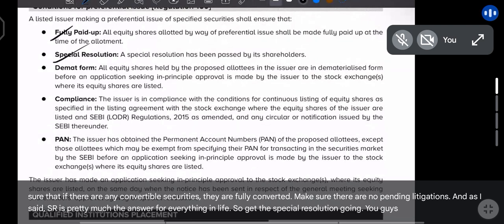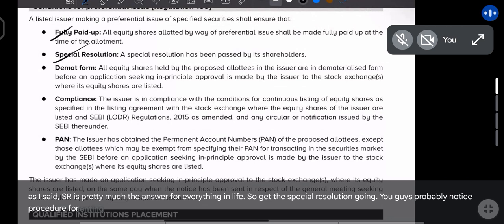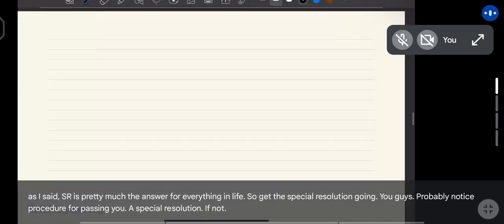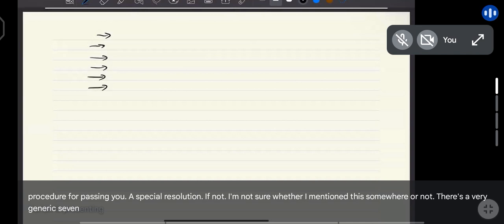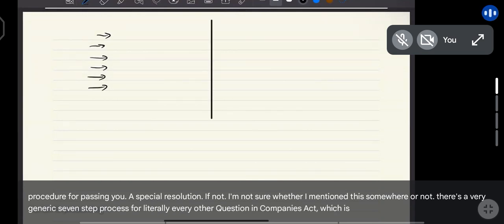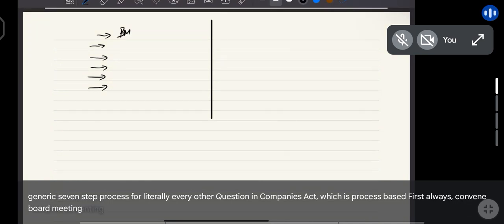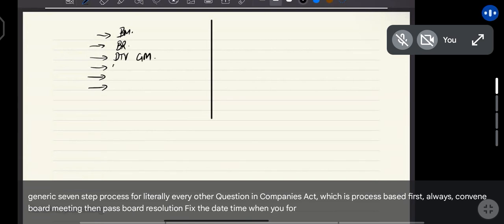You guys probably know the procedure for passing a special resolution. If not, I'm not sure whether I mentioned this somewhere or not. There's a very generic 7-step process for literally every other question in Companies Act, which is process-based. First, always convene board meeting, then pass board resolution, fix the date, time, venue for general meeting, finalize notice.